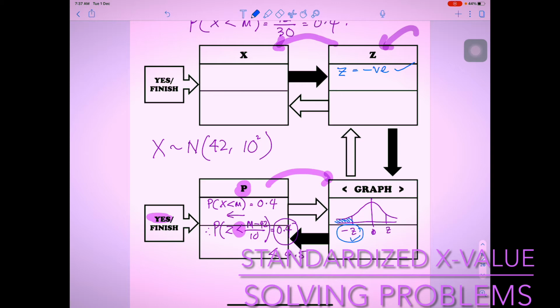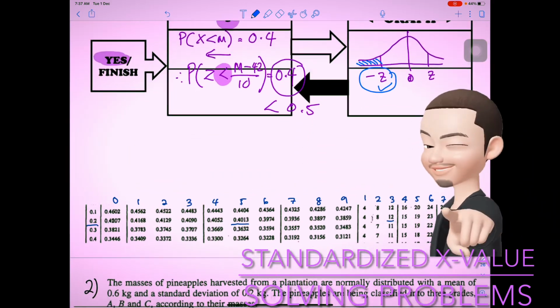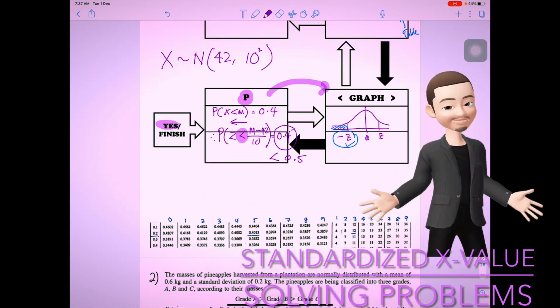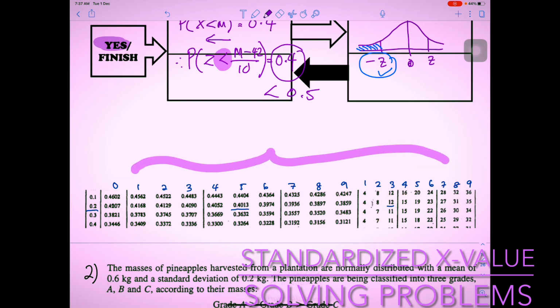Write it down: P(Z less than z) equals 0.4. Then what do we do? Straight away refer to the table. From the table, I already set up the area of 0.2. We have to search for 0.4 from the inside of the table, not from the Z value.